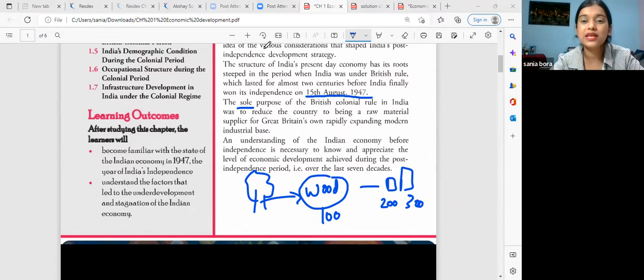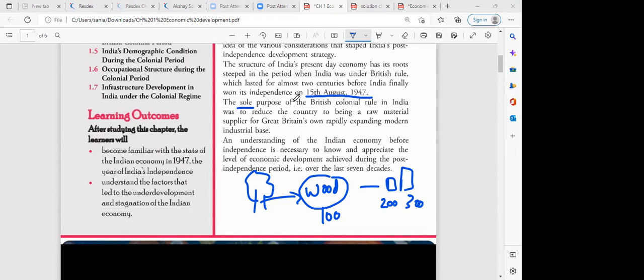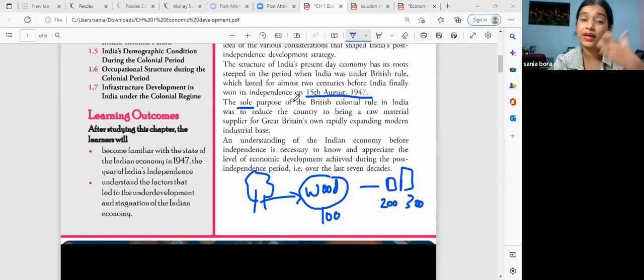Heba, tell me, what was the motive of the Britishers? They wanted the country to be a raw material supplier for the British. Yes. And what did they want their own country to become?